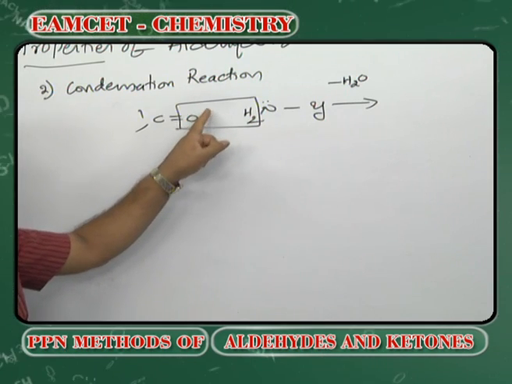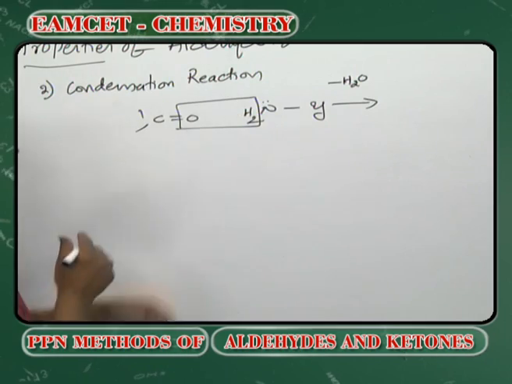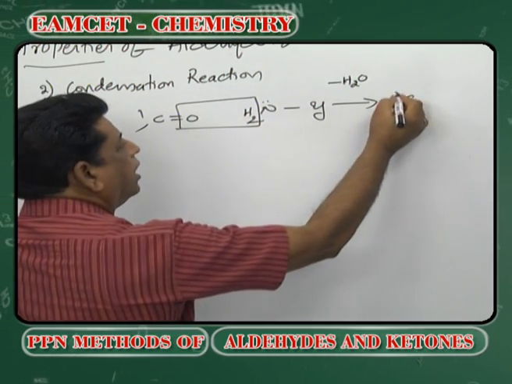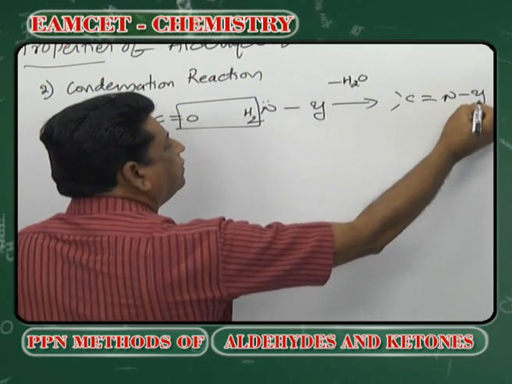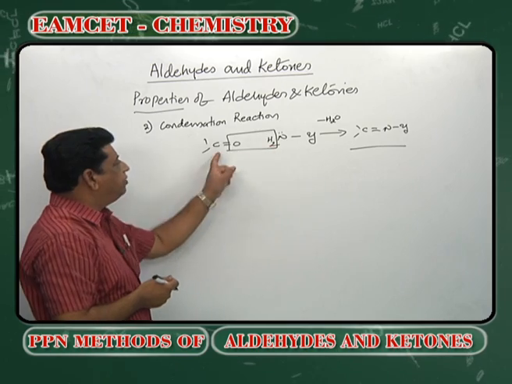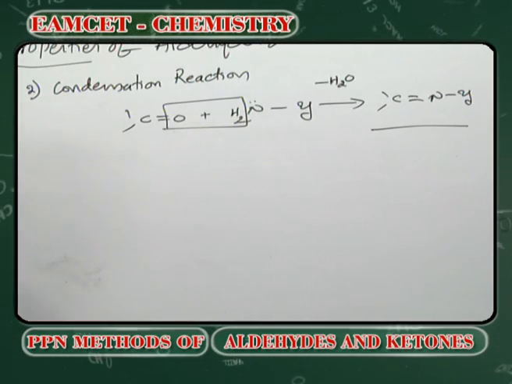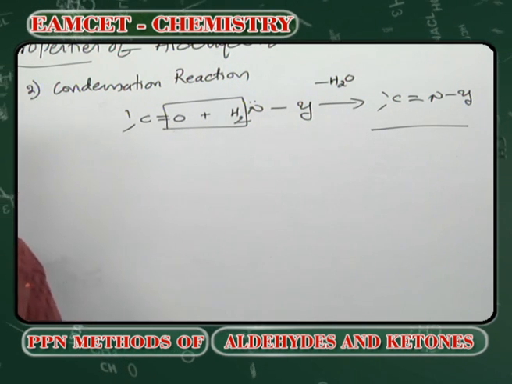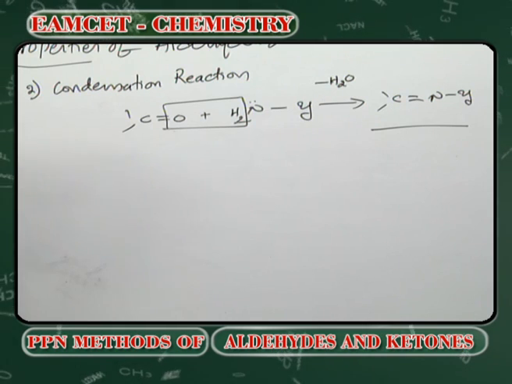The OH and H eliminate water, and C and N will become a double bond. The carbonyl compound will get this N and the Y. These products are called condensed products because water is eliminated from the two different compounds. If water is removed, it is dehydration; condensation refers to the formation of water here. So if the water is removed, it is called a condensation reaction.